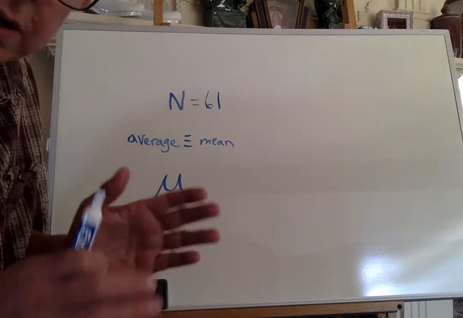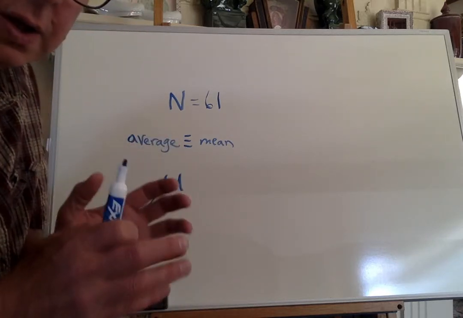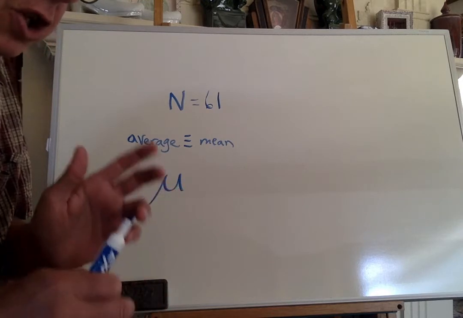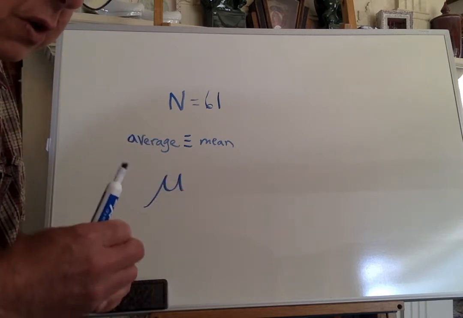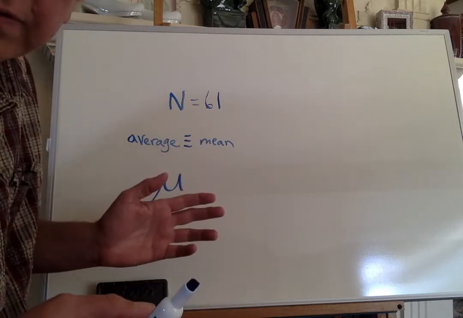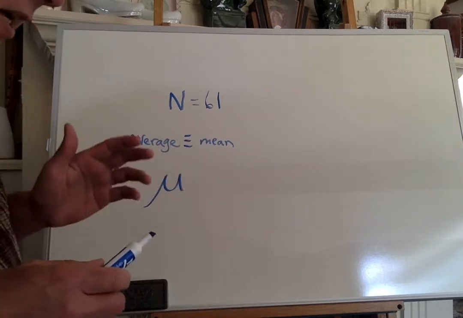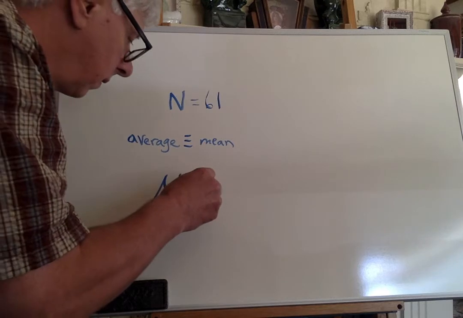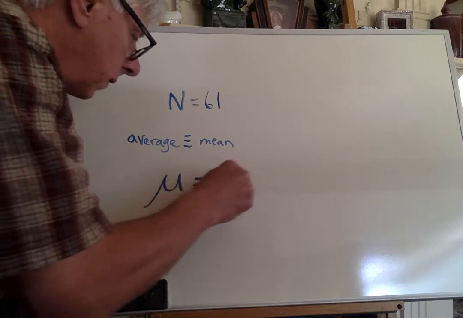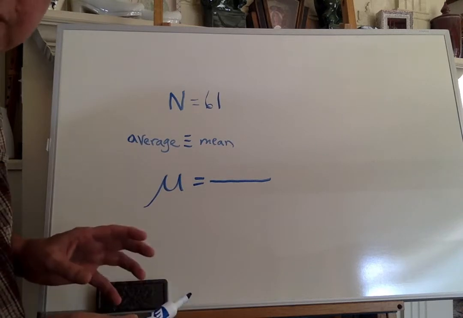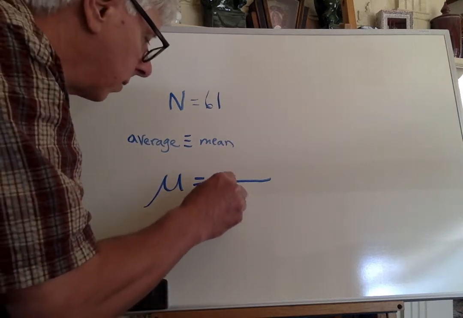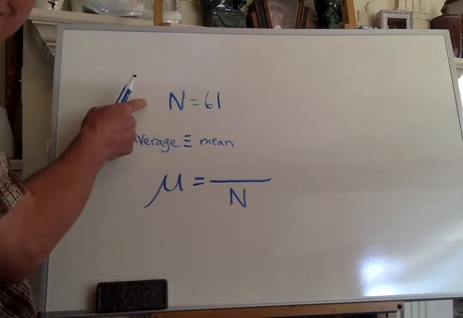I want to do this in symbols because I want to make this a generic formula that can be used for all data sets. So divide by the number of numbers. We know that symbol, the one I gave you here.